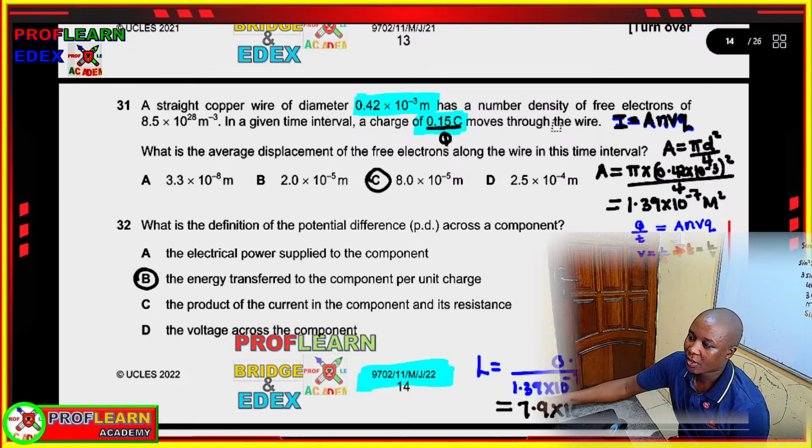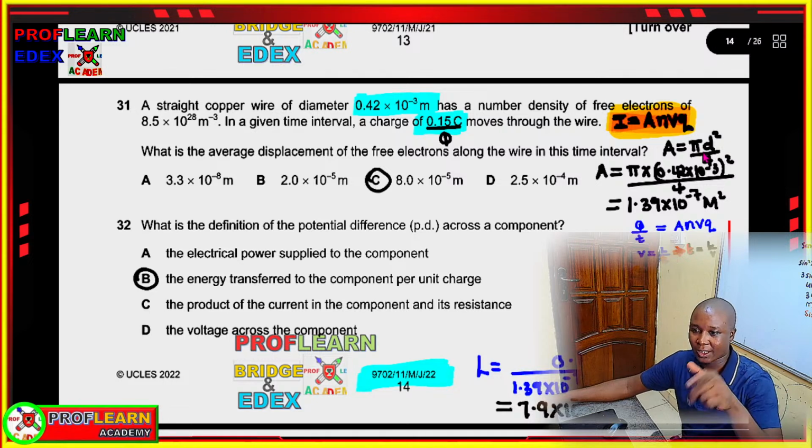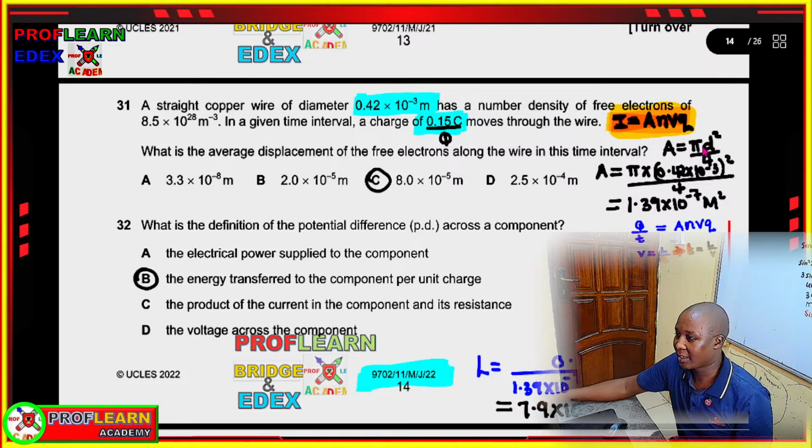So the first move you will make is identifying that current is equal to ANVQ. That will be the first thing that you are supposed to remember in this question. And then we are going to use the concept of area, because this is cylindrical with a diameter. Area is pi d squared over 4, because the radius is d over 2, isn't it?